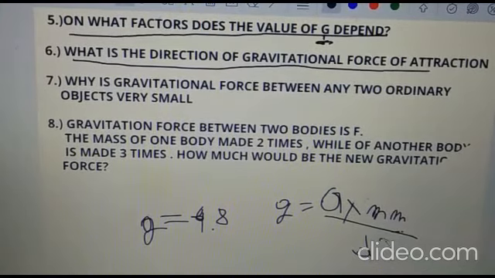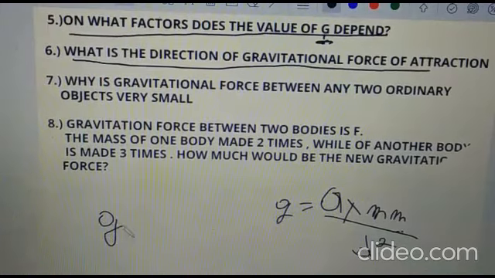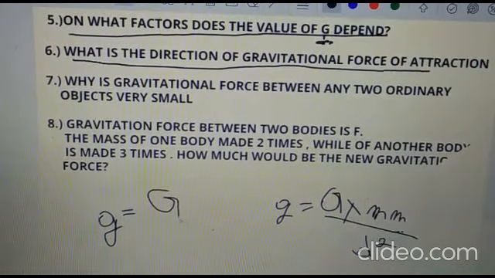It says that the mass of one body is made twice, so we can write it as 2m.